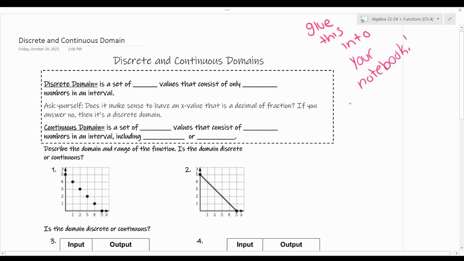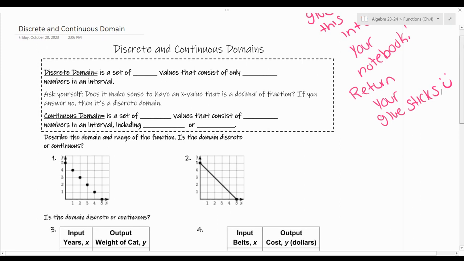And then please return your glue sticks. If you need to pause the video because you're gluing stuff in, that's fine. But when you're done, just unpause it.